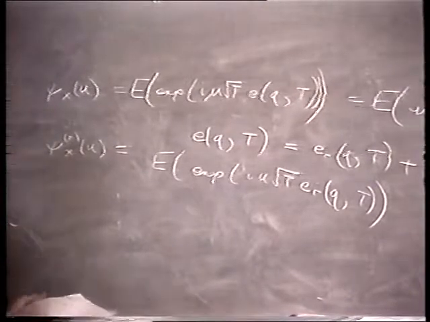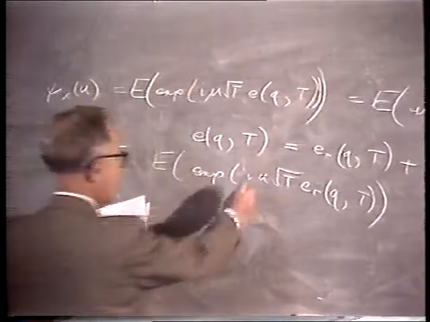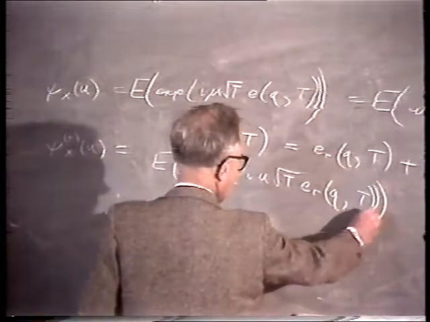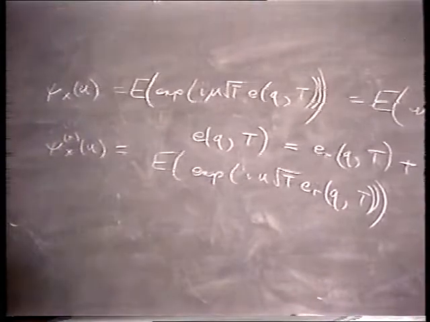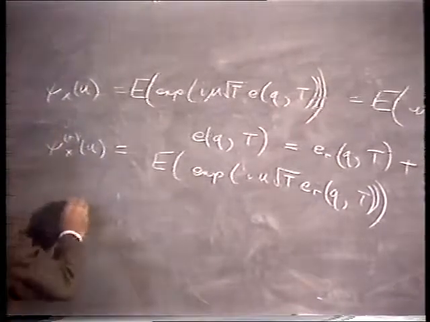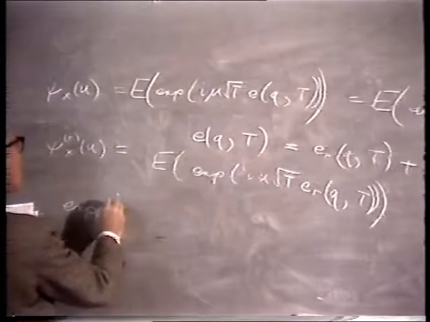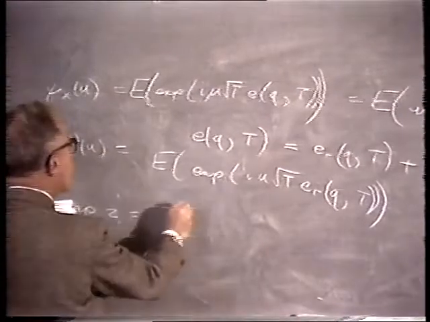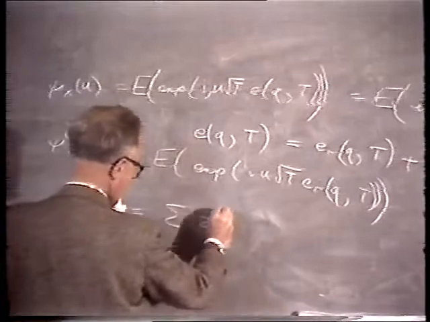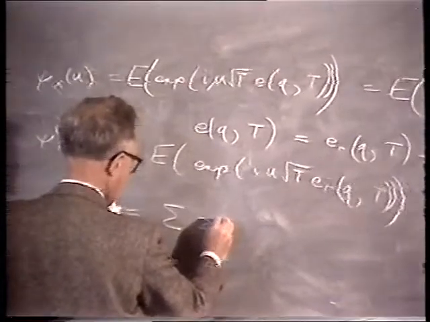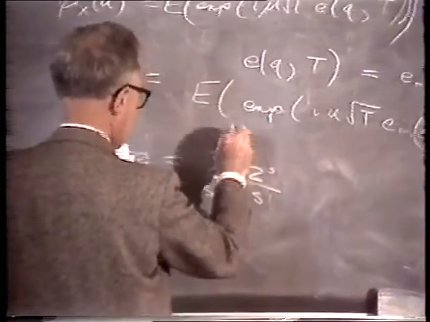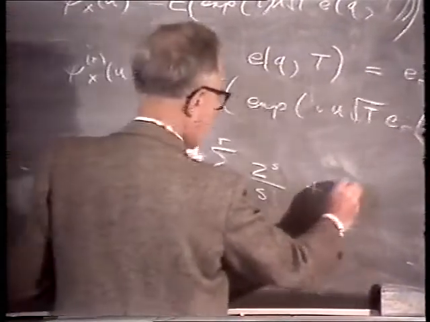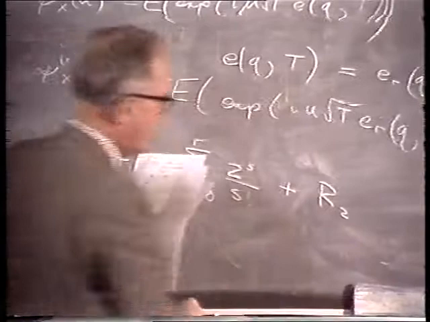So in other words, if we write this whole thing that we've got within these brackets as Z, then we're simply looking at the formula exp z equals the sum of z to the s upon factorial s, plus again a second remainder R2.